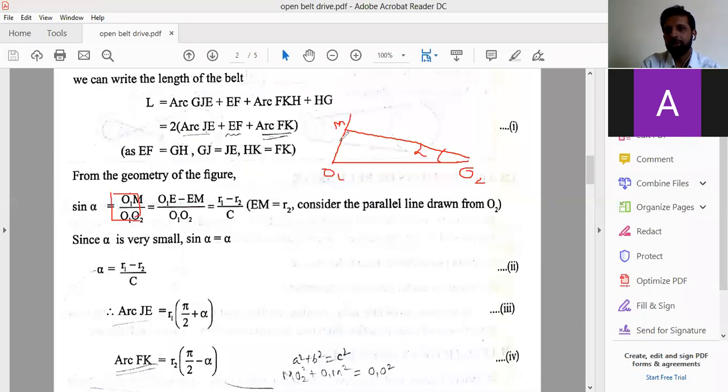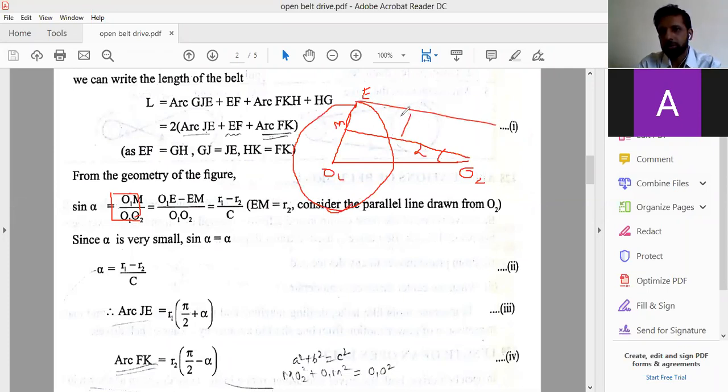Next, how can this O1M be written? It is actually on the bigger diameter pulley. Here we have the letter F and the bigger diameter pulley here. Now, how much have we brought it down? This E to F, we have brought it down by a distance of R2.